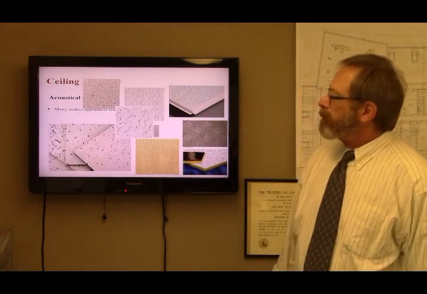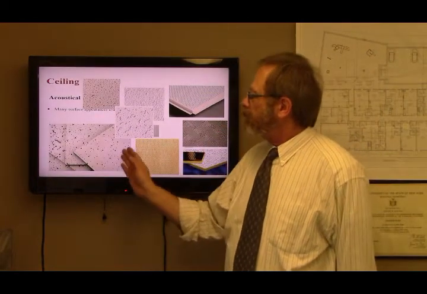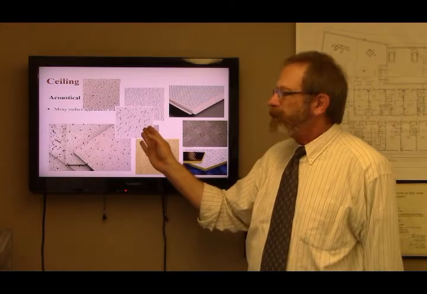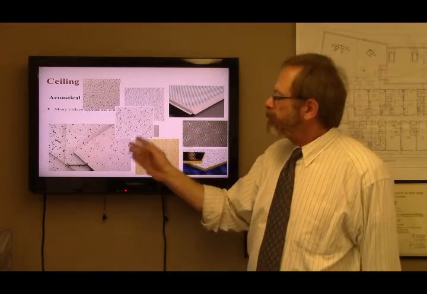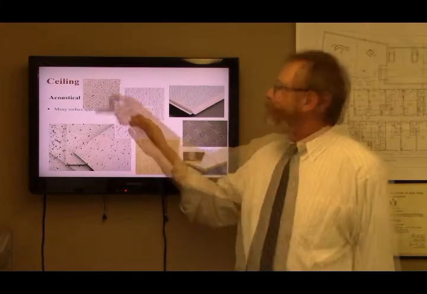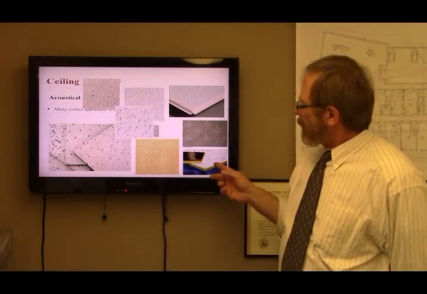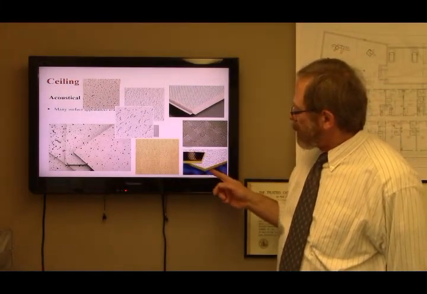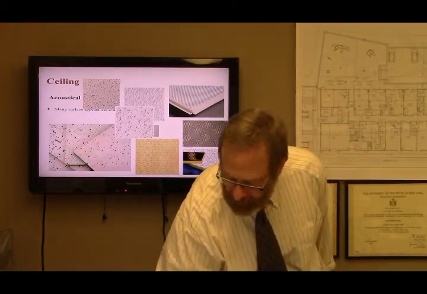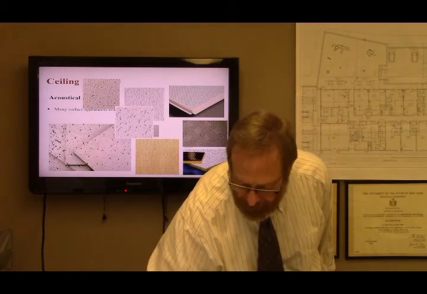And the acoustical material itself has different designs. One could be random, one could be directional fissures, one could be just holes, one could be holes and large fissures. It can have acoustical backing to the face of the acoustical panel.